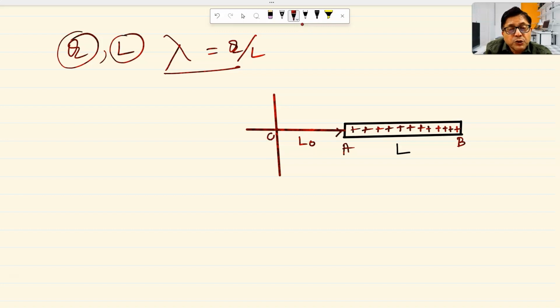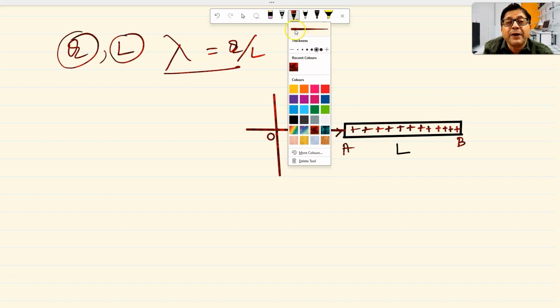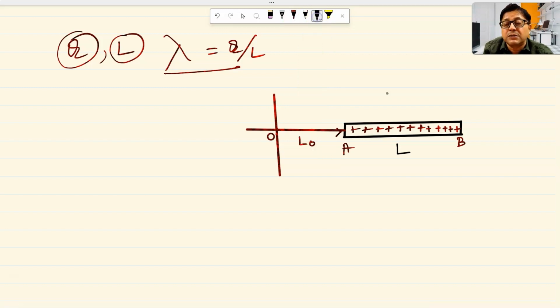So what will you do there? You will follow the method. You will divide the whole rod into an infinite number of small parts. This is an elemental part which is representative of all the parts of this wire. How much charge is there, that we need to find. Then we will find the electric field at O due to this elemental portion.